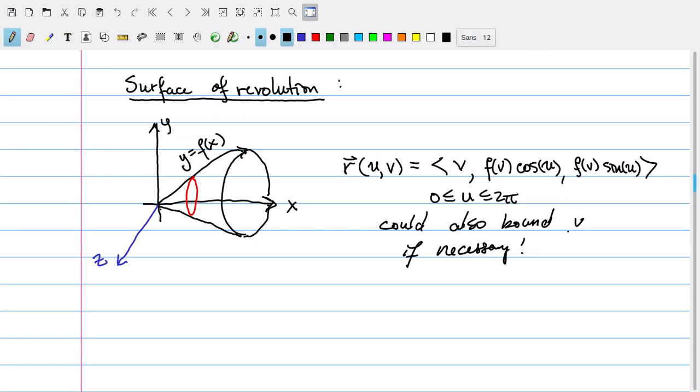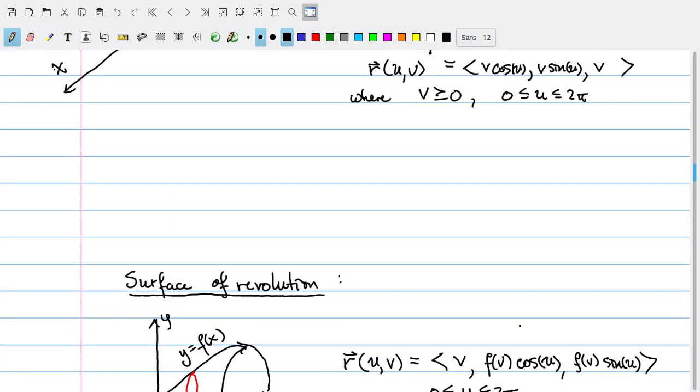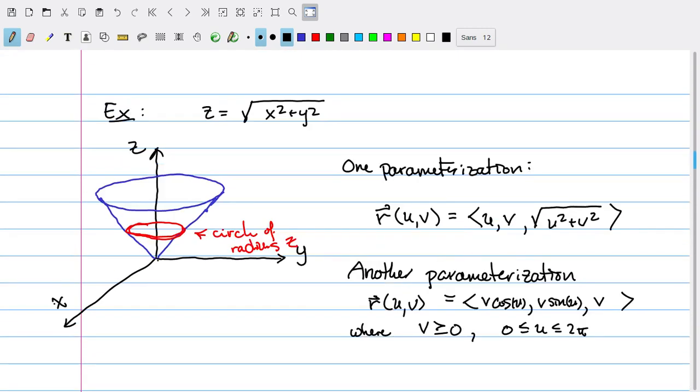And, of course, I could rotate around the y-axis instead, or I could rotate around the z-axis. And the parameterization is going to be a little bit different, but very, very similar. For example, the previous surface was a surface caused by rotating this straight line which forms the edge in the yz plane around the z-axis.